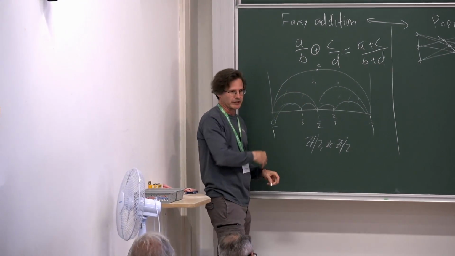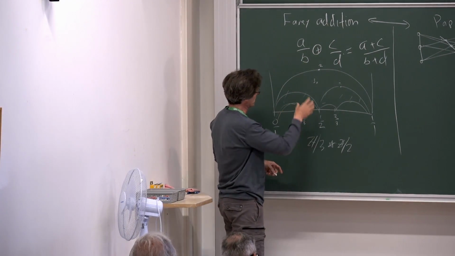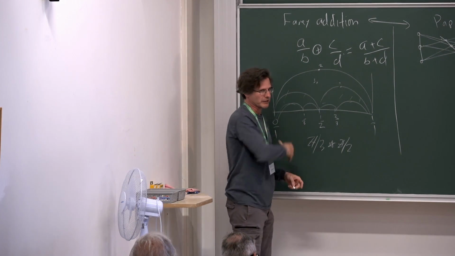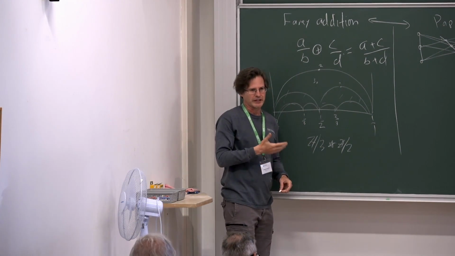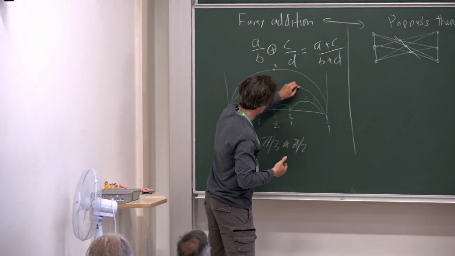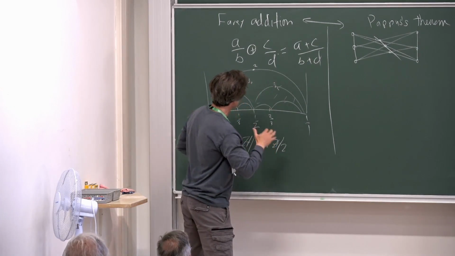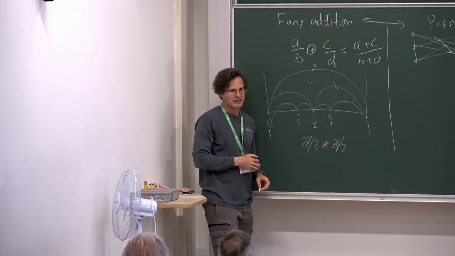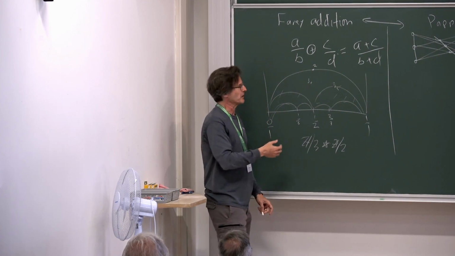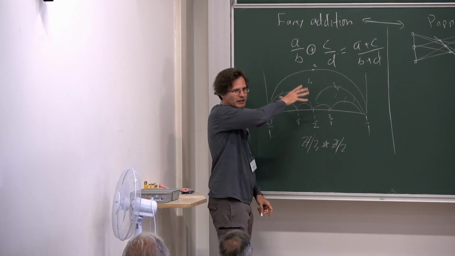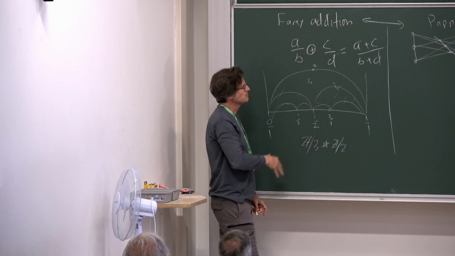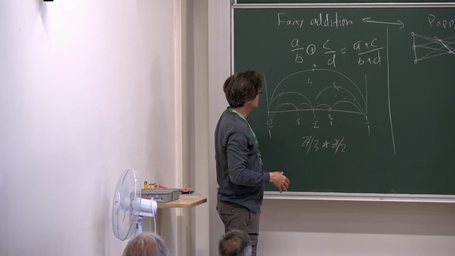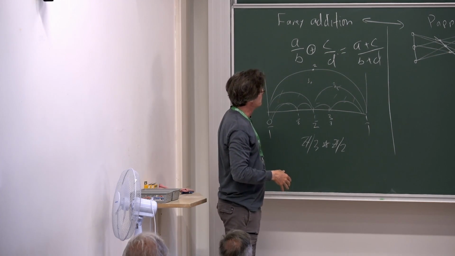And these generate a copy of the modular group, and the modular group just permutes the geodesics in the Farey pattern. And if you take oriented geodesics, then the modular group acts simply transitively on the oriented geodesics. So that's a picture of the modular group that comes out of Farey addition.